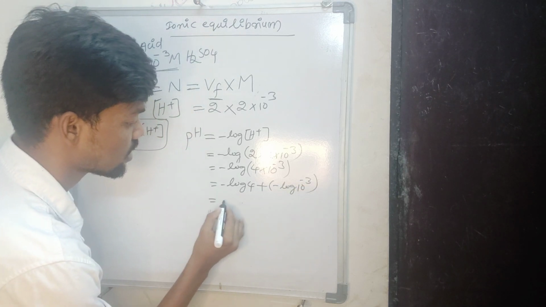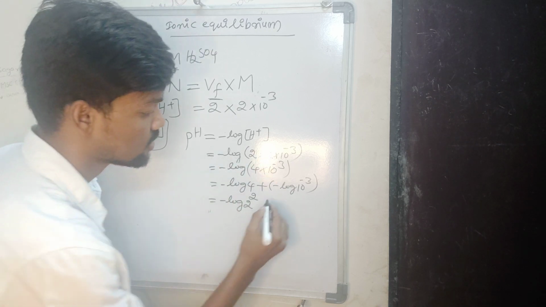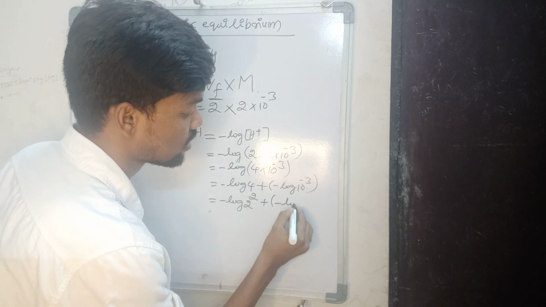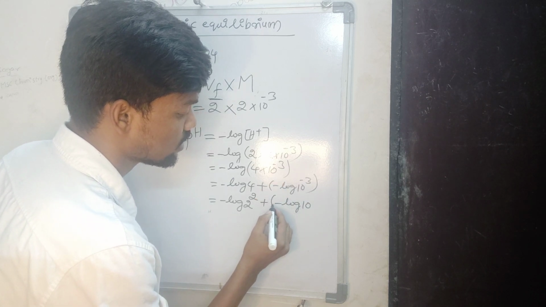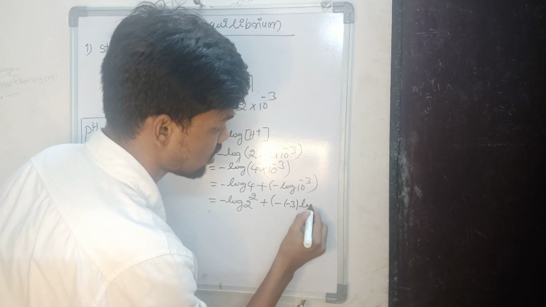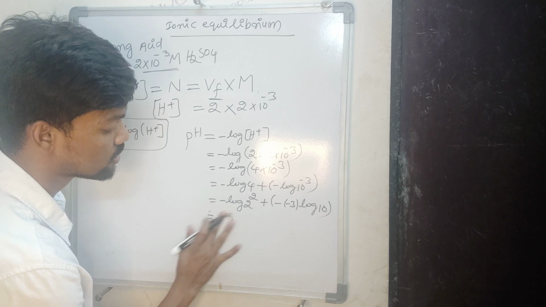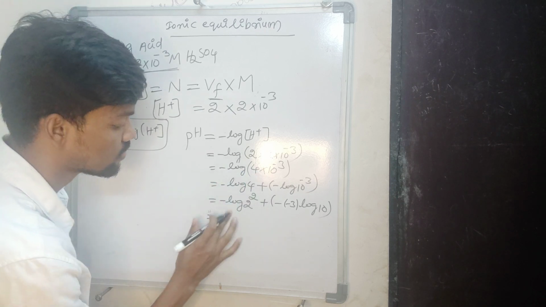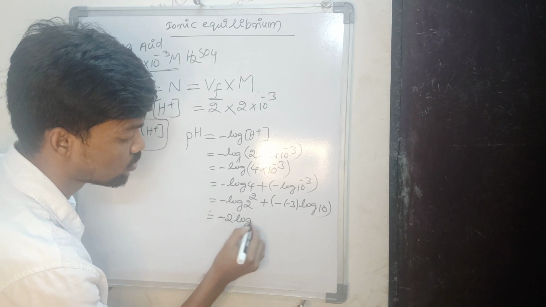How can you write this? Minus log 2 square, you can write easily, and this is minus log 10 power of minus 3. The minus 3 comes forward, so minus into minus 3 log 10. Here minus log 2 squared, the 2 comes forward, so minus 2 log 2.